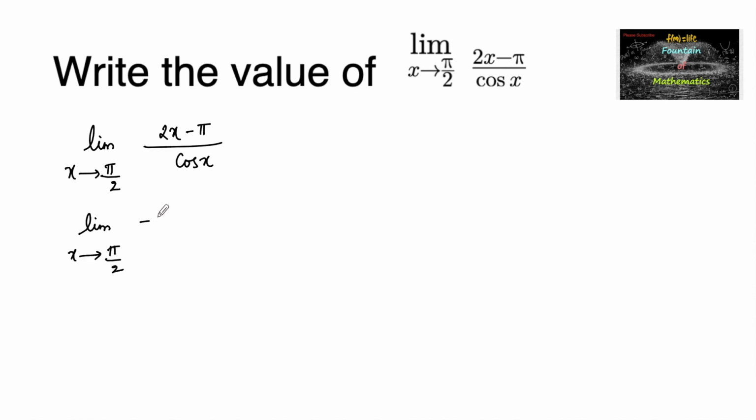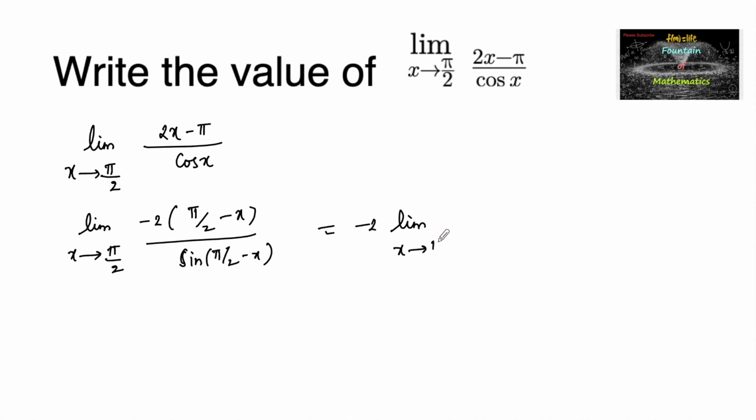By taking minus 2 common, I can write this as numerator (pi by 2 minus x) upon cos x, and we can also write cos x as sin of (pi by 2 minus x). So this is equal to minus 2 times limit x tends to pi by 2, (pi by 2 minus x) upon sin of (pi by 2 minus x).